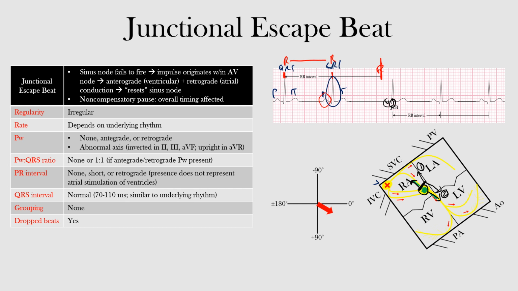Now, what if it was occurring lower in the AV node, in which case the ventricles were depolarized before the atria? All right, in such cases, the QRS complex would come before, but then afterwards, we may see a small inverted P wave occurring after our QRS complexes, indicating that the ventricles depolarized first, our QRS complex, and then the atria representing the P wave.